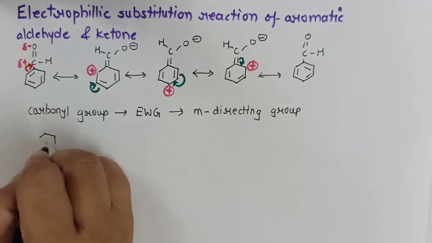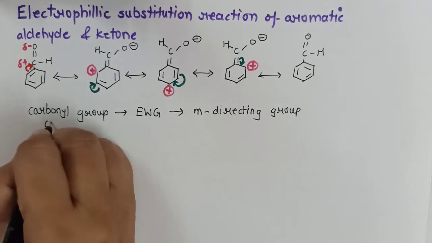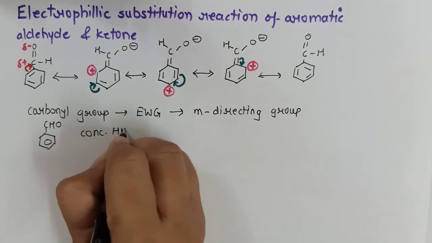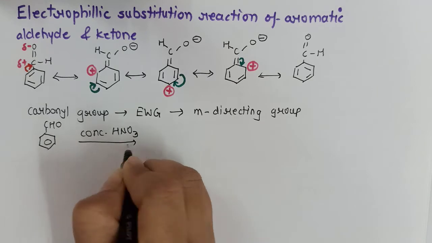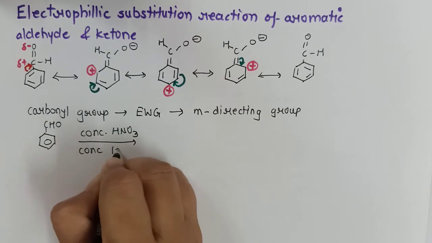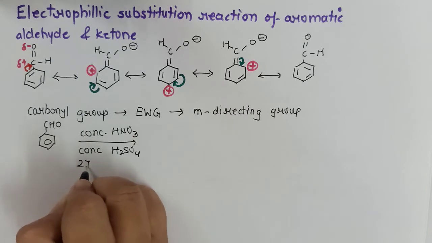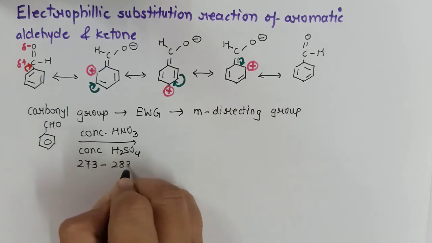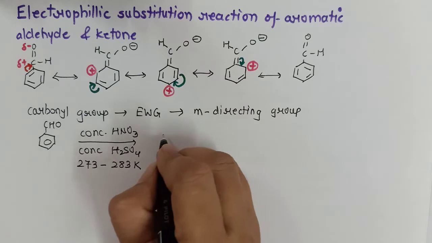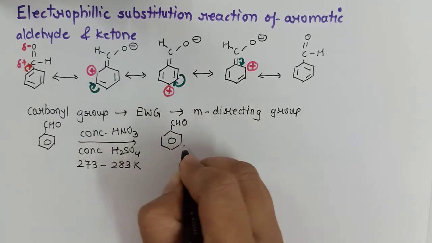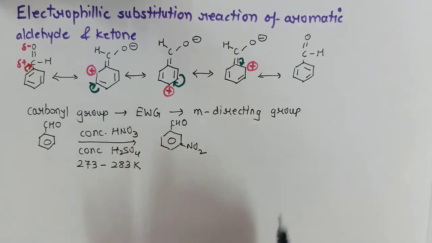For example, when we carry out nitration of benzaldehyde using nitrating mixture, which is concentrated HNO3 and concentrated H2SO4 at 273 to 283 Kelvin, we get the product meta-nitrobenzaldehyde, as it is a meta-directing group.